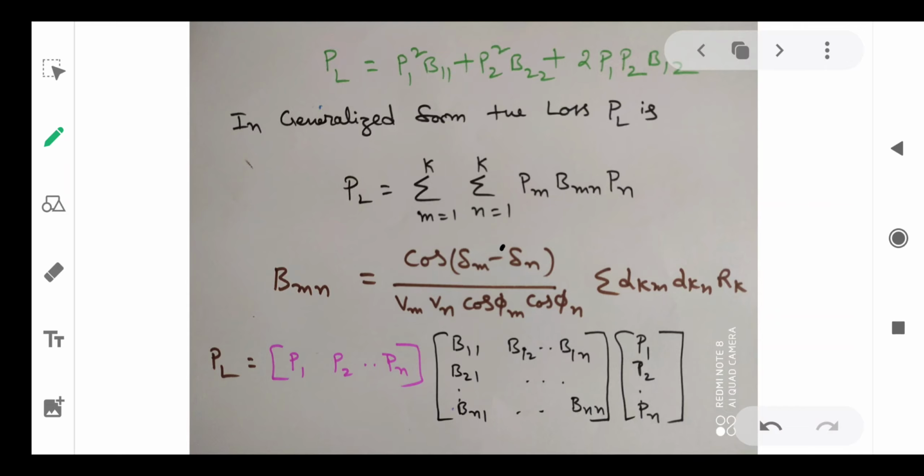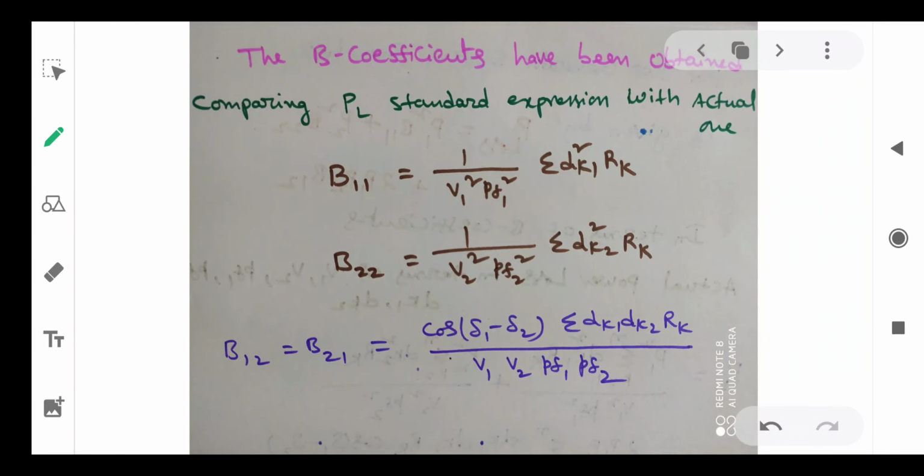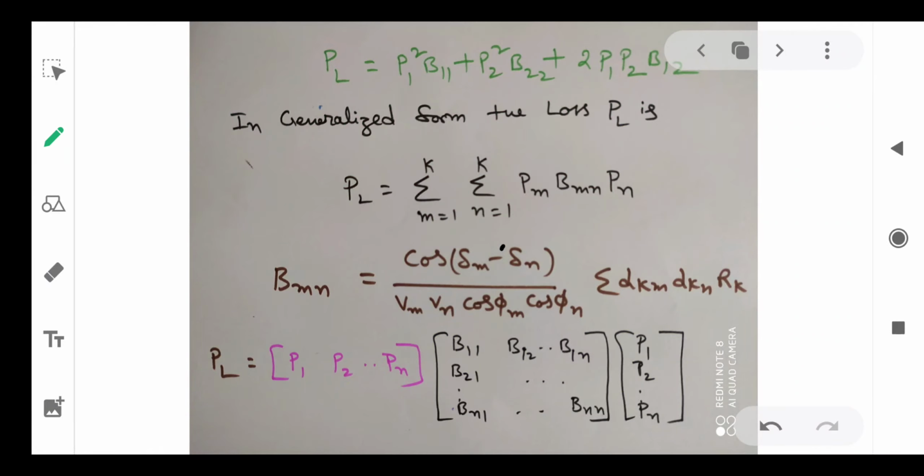Similarly, let us substitute 2 instead of m and n. B22 equal to cos(delta 2 minus delta 2), so cos 0 is 1, by V2 square PF2 square dk2 square rk. Similarly, B12 and B21 can be obtained like this by substituting m is equal to 1 and n is equal to 2.